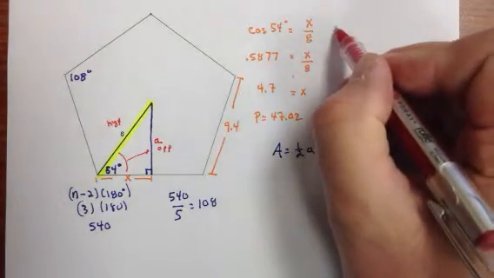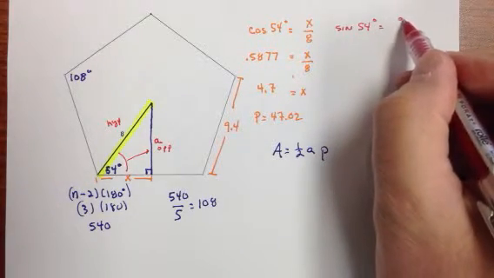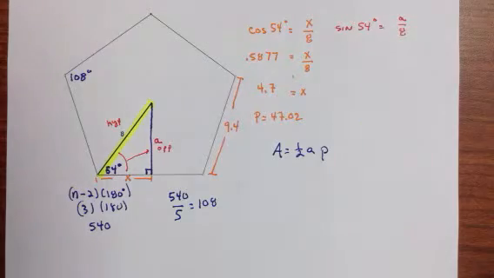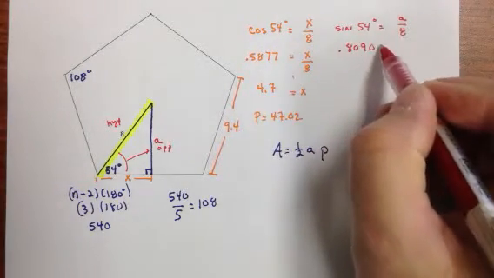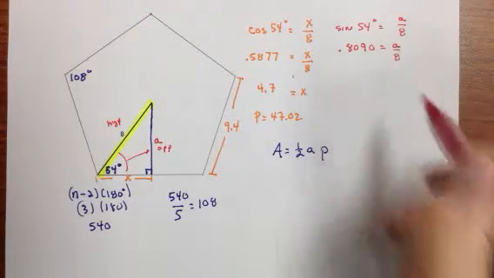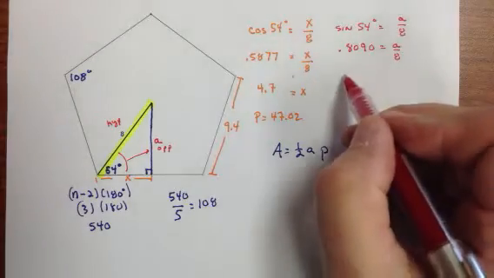So we have the sine of 54 degrees is equal to A over 8. In this case, A does not stand for adjacent. It stands for apothem. So we punch into our calculator sine of 54, and we get 0.8090. Multiply both sides by 8, and you get 6.47.